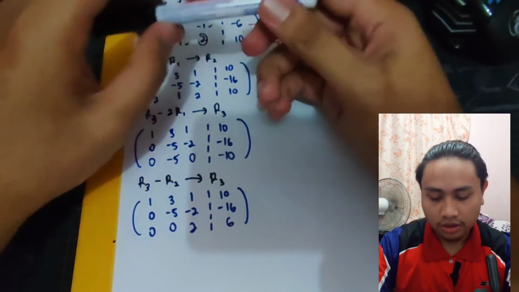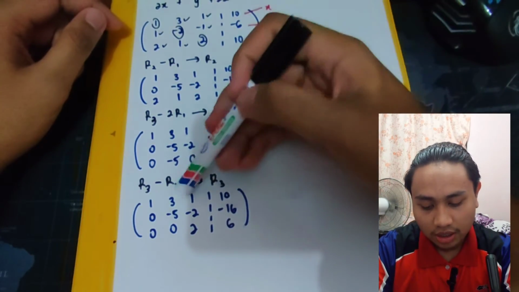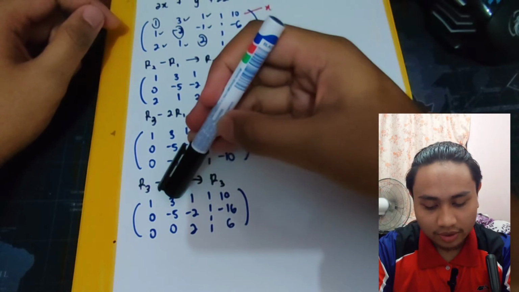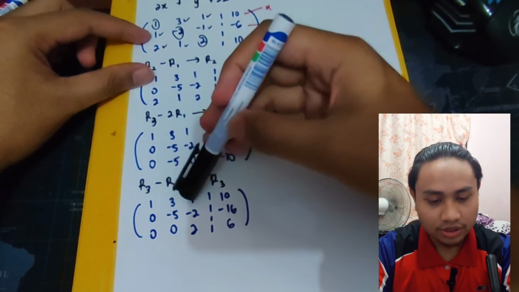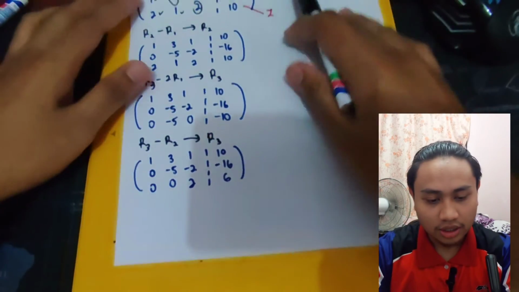Okay, now the number at the bottom here becomes 0, then we need to make the number at the top also become 0. So we need to make another operation.